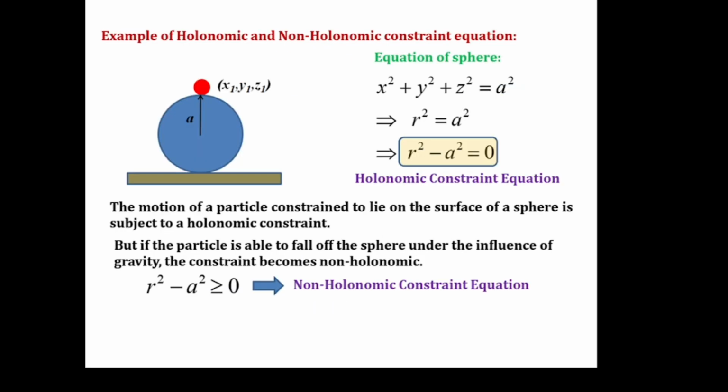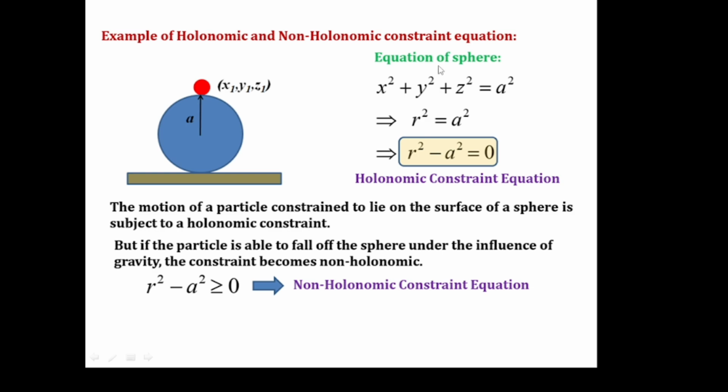Now, there is another example of holonomic and non-holonomic constraint equations. Suppose this is a horizontal plane and here one sphere is fixed, and on the top of the sphere there is one ball. The position vector of the ball is x1, y1, z1, and a is the radius of the sphere.